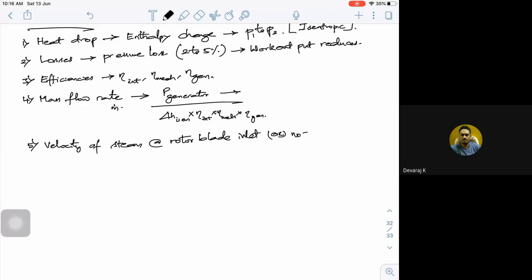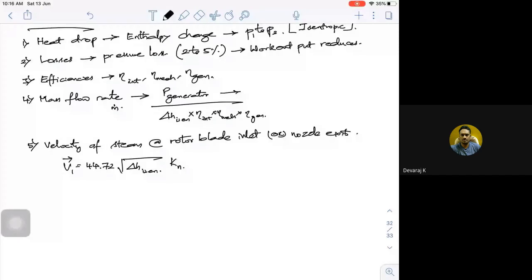Whatever it is, it will be the same, assuming the losses are not there. So if I call that V1, we already know it is 44.72 times the square root of delta H isentropic. It is ideal. If I multiply by some factor, that is your efficiency, say 0.9, or we call it the nozzle efficiency, then I'll get what is called the actual velocity.